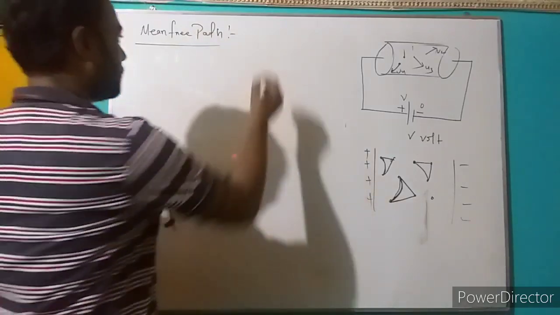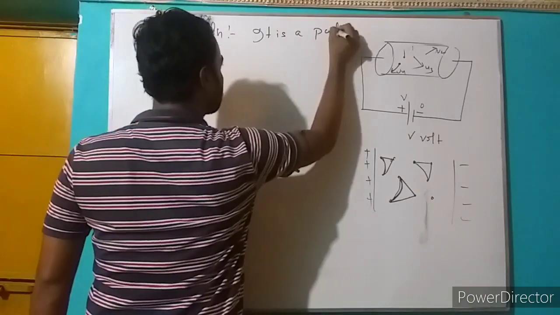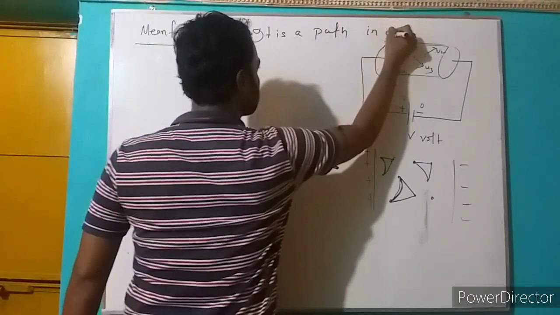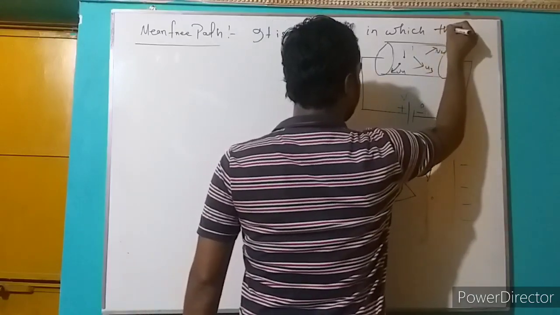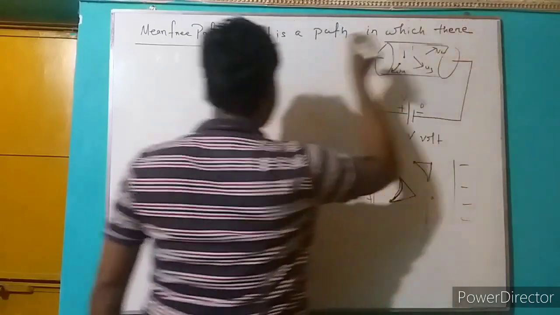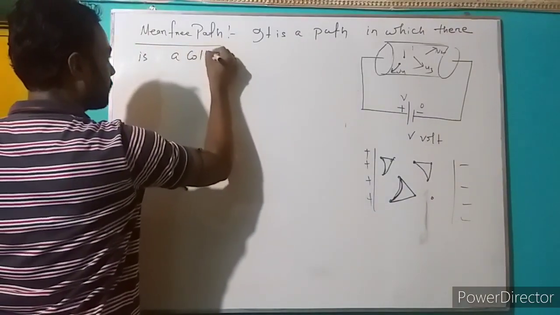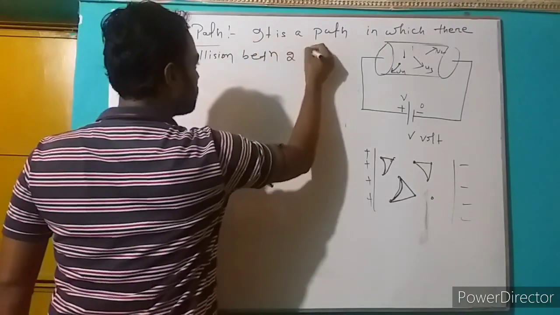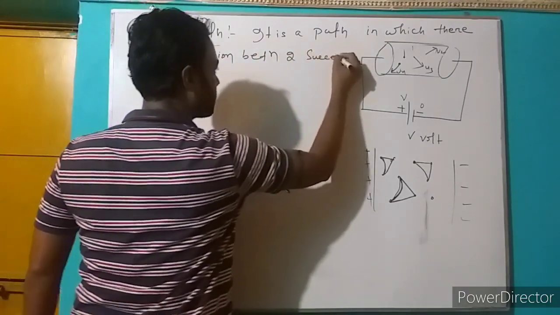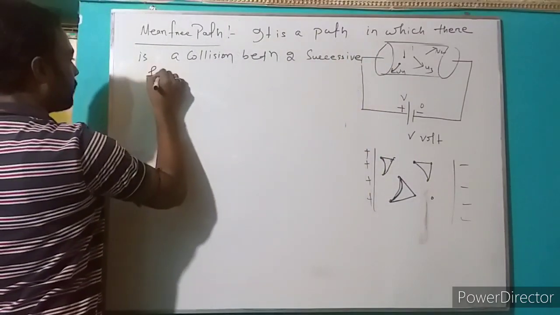It is a path in which there is a collision between two successive free electrons.